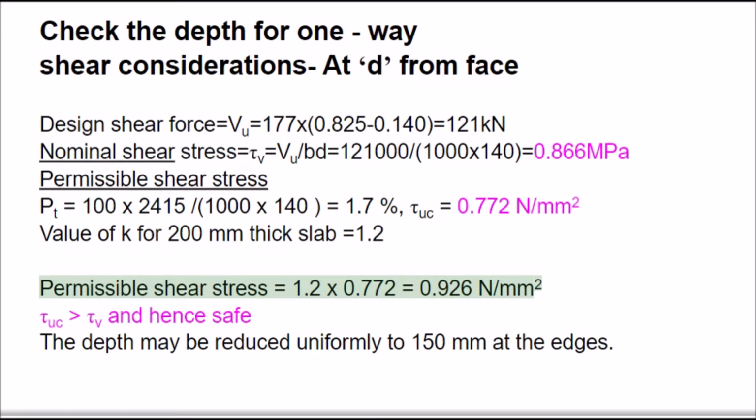Permissible shear stress equals 1.2 x 0.772 equals 0.926 N/mm2. Tau uc is greater than tau v and hence safe. The depth may be reduced uniformly to 150 mm at the edges.